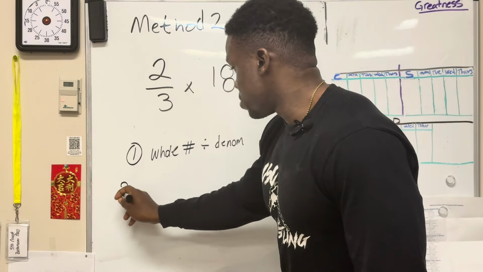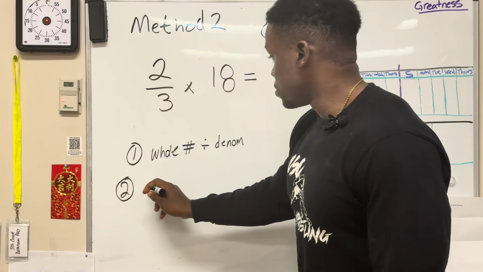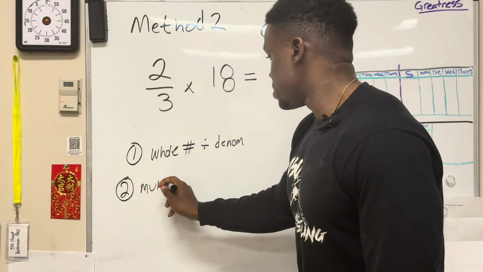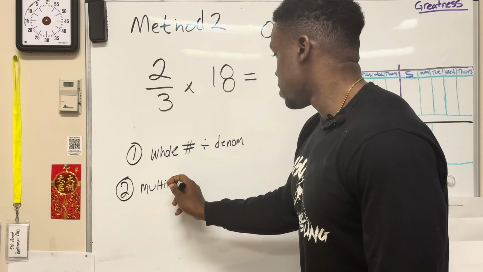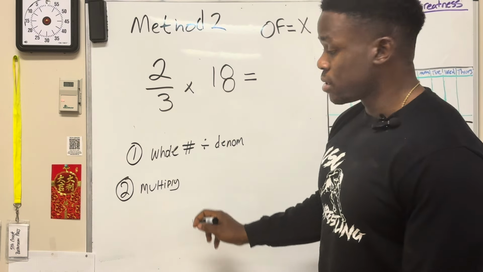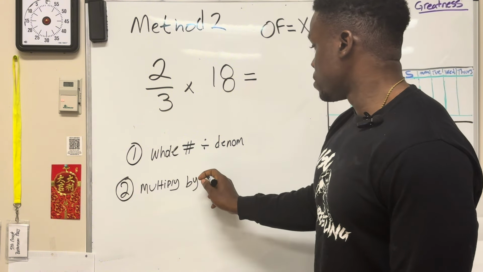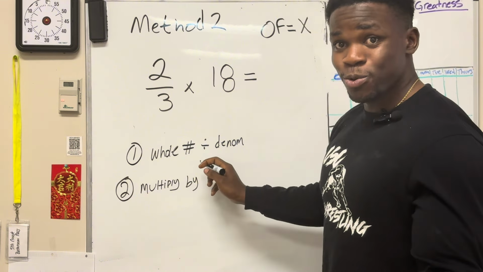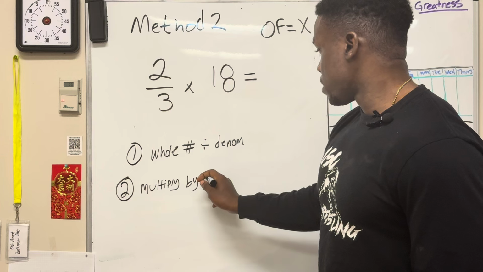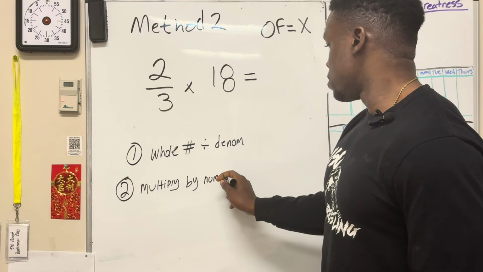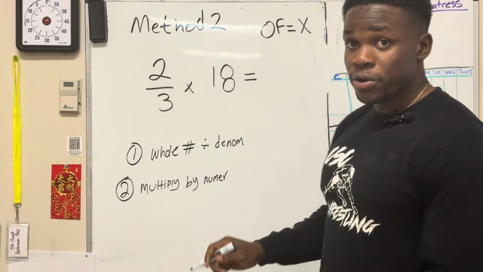Okay, then my next step is to multiply, I'm very bad at spelling, by numerator. So as long as we follow these two steps, we'll get our answer. By numerator. Not sure how to spell numerator.